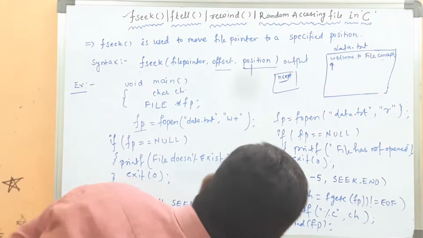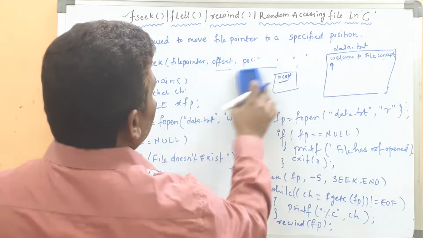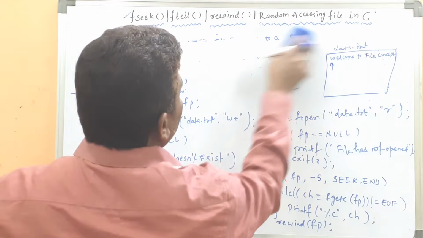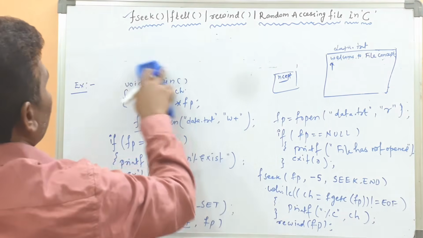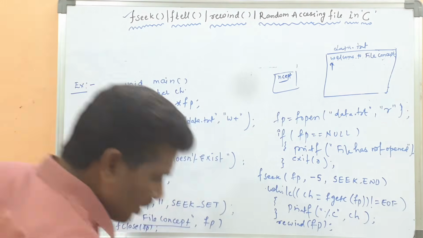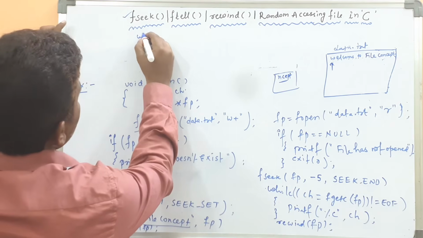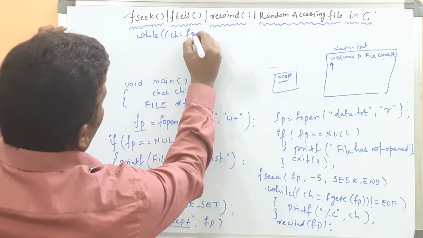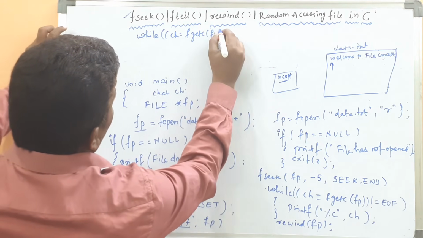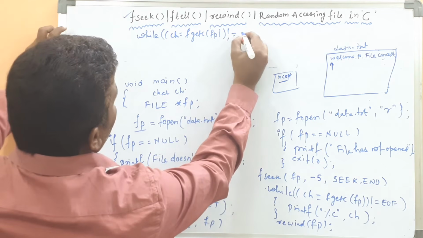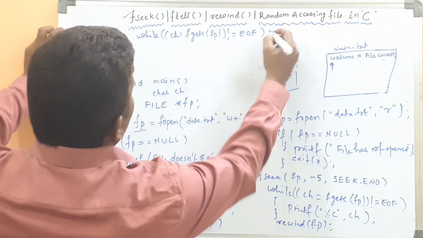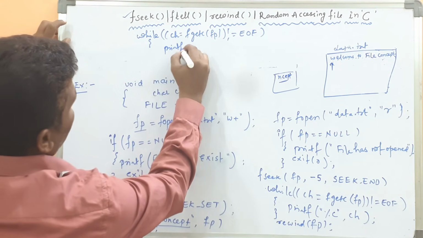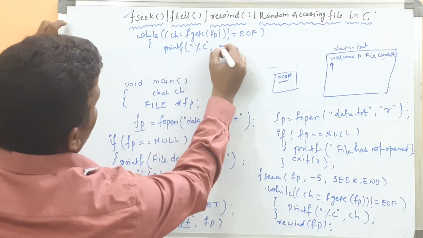Got it? Okay, there is no space there, I will use this space. Then again, if you want to get the data, then while ch equal to fgetc file pointer not equal to EOF, and then printf %c then ch.